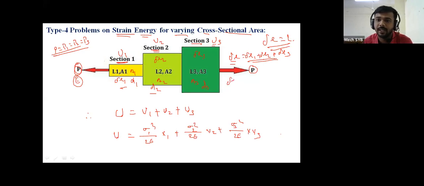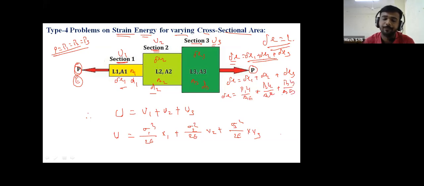Just as delta is equal to delta L1 plus delta L2 plus delta L3, we calculate delta L is equal to P1 L1 upon A1 E1 plus P2 L2 upon A2 E2 plus P3 L3 upon A3 E3.